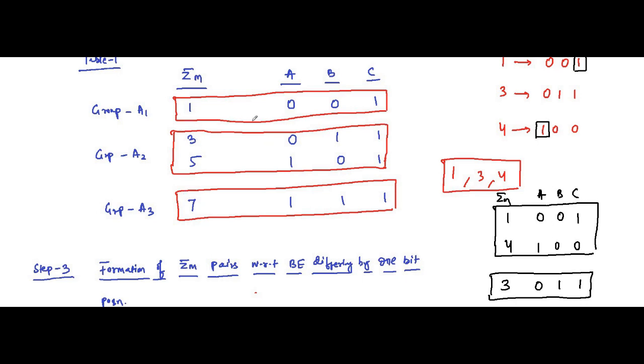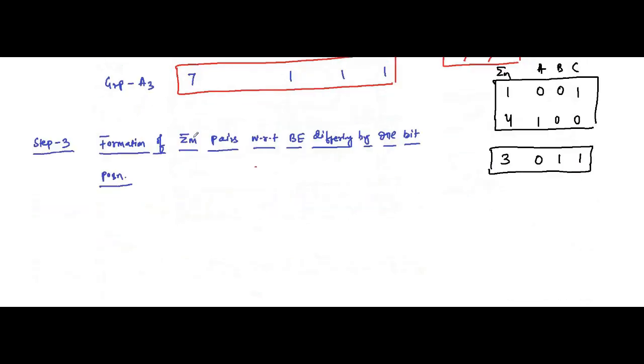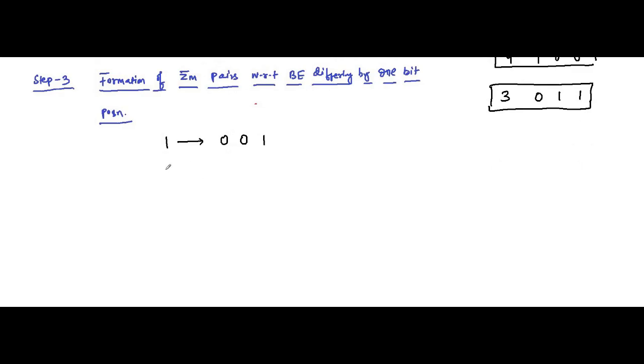So let us compare the minterms of groups A1 and A2. Let us see 1 and 3. 1 is 0 0 1, and 3 is 0 1 1. Here it is the same, 0 0.